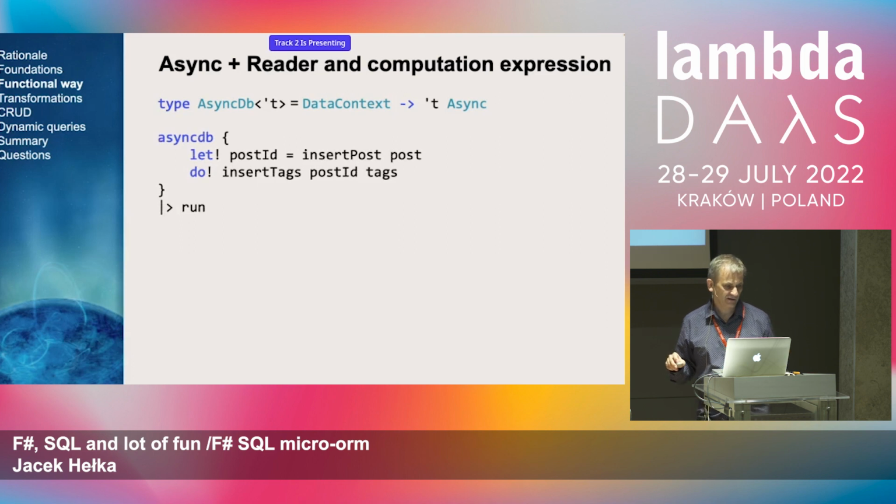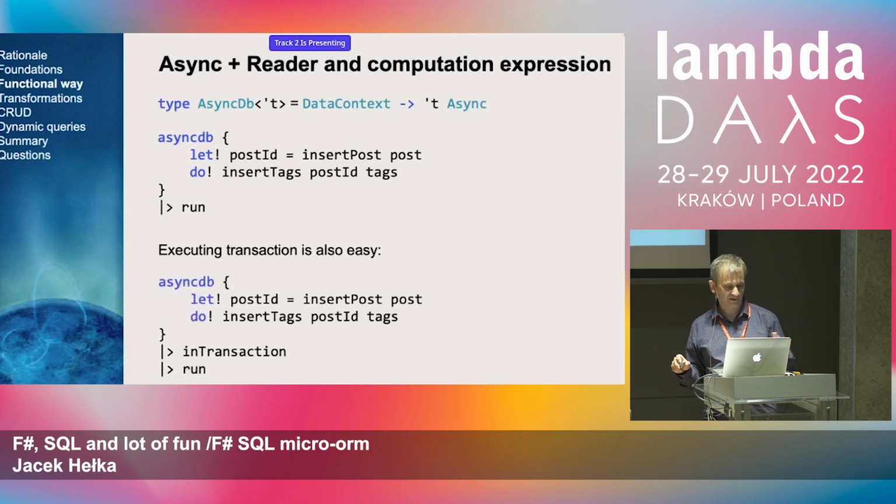Okay, and now our computations look like this, quite pretty, and it is quite extensible. We can, for example, quite easily define a function that wraps the computations in a transaction.